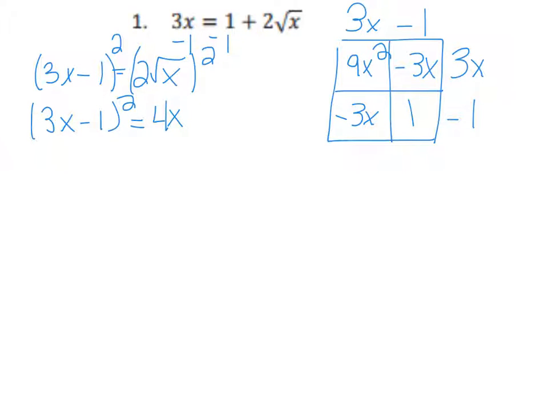So if I combine my like terms right away, I have 9x squared, and that minus 3x will combine with the minus 3x, which will give me a minus 6x plus the 1. And that equals 4x.